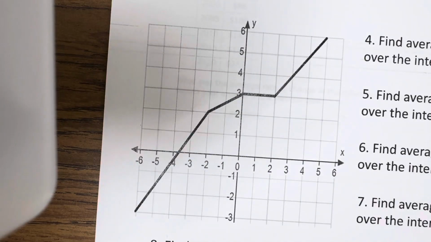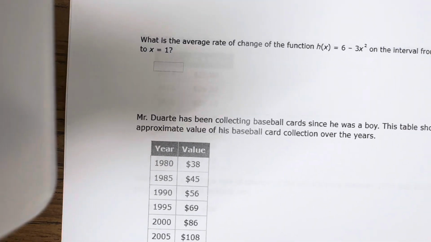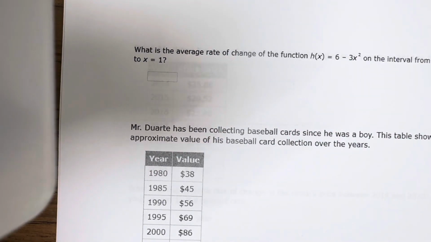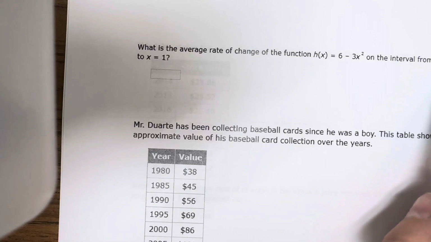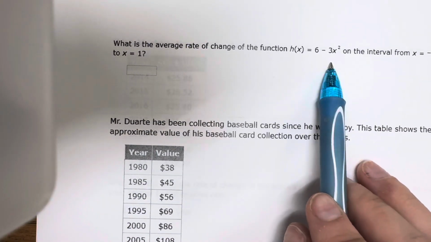Okay, and then real quick for your assignment. Sometimes you're just given functions, which would be like your equation. So it wants to know from the interval x equals -2 to x equals 1. So I just need to evaluate this function.